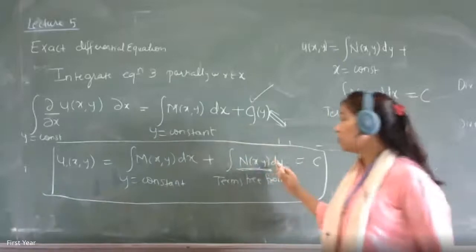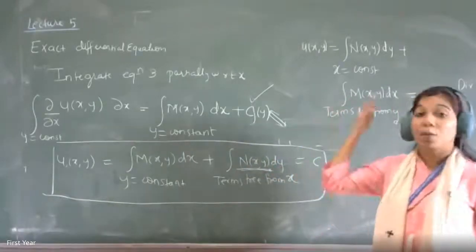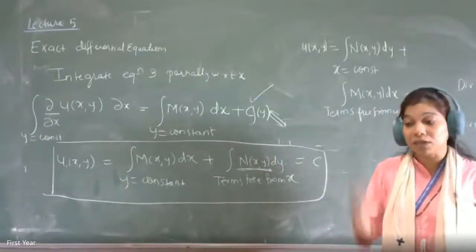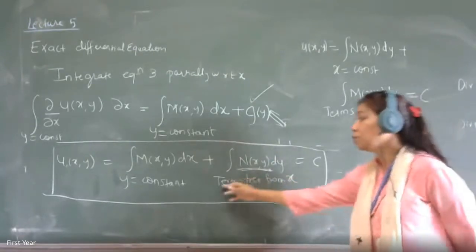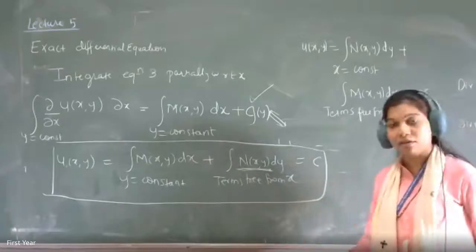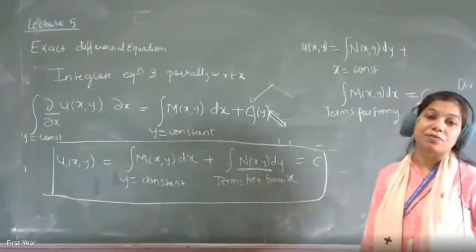And when you are doing integration with respect to y, by common sense this question should come: what to do about x? Then again, either you can free the terms from x or take x as constant.